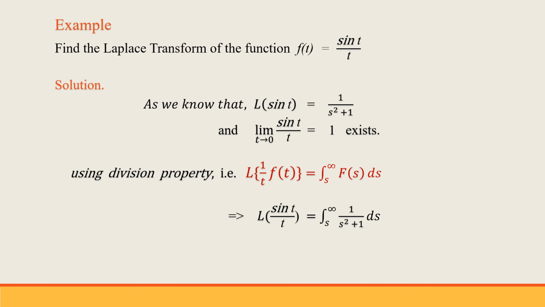On solving the integral, we get tan inverse s, as the integral of 1 by s square plus 1 is tan inverse s by the standard integral formula. Now apply the limit from s to infinity. So we get tan inverse infinity minus tan inverse s.